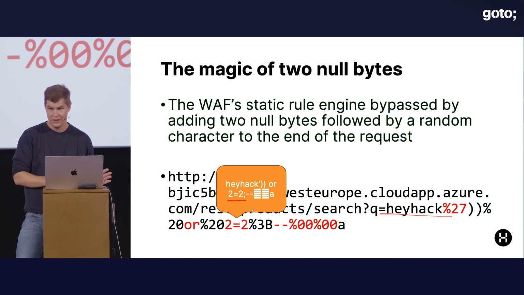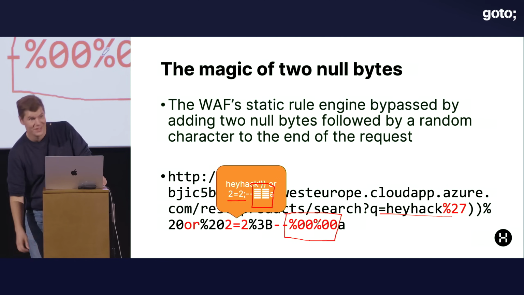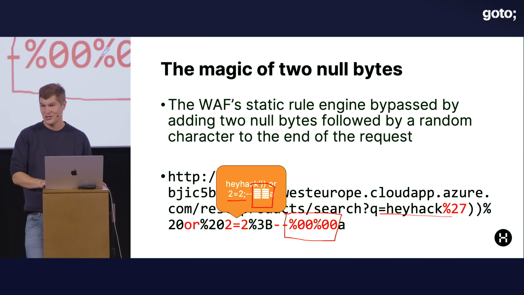And it turns out for this particular web application firewall, inserting 2 null bytes, which in a URL encoded format looks like this, %00, and then a random character afterwards, you could just bypass that specific rule. So the protection against SQL injection here was totally invalidated.